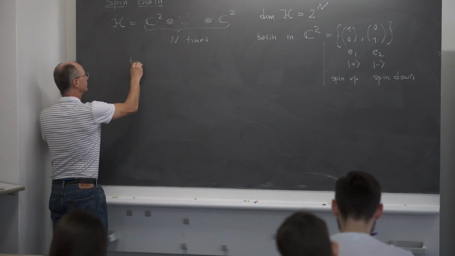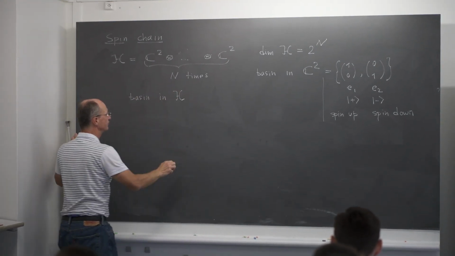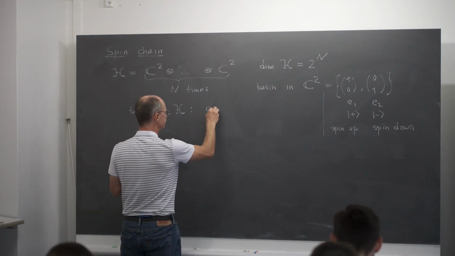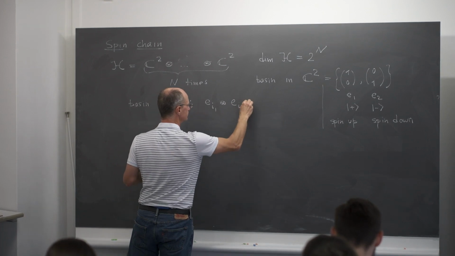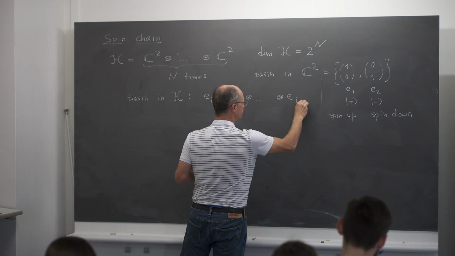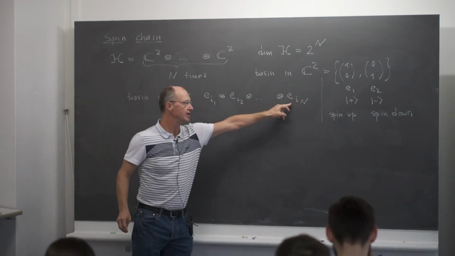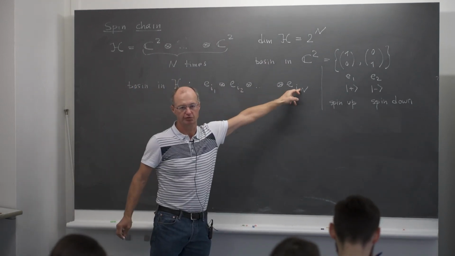Now, we can form a basis in H, and it can be built, for instance, in the following form. You choose for each of the sites one of those two vectors, and you take a tensor product of them.